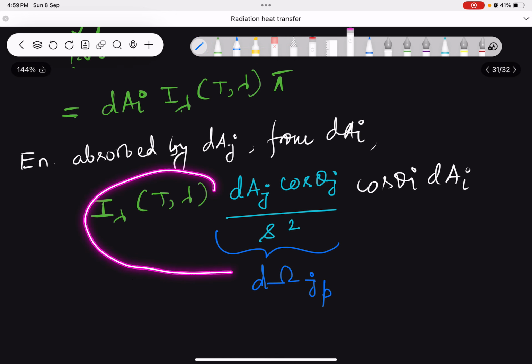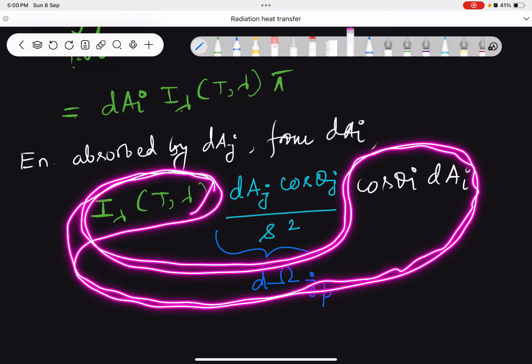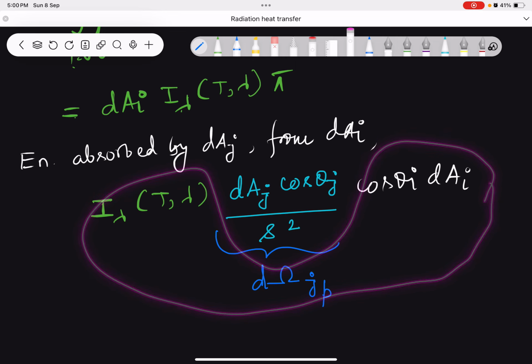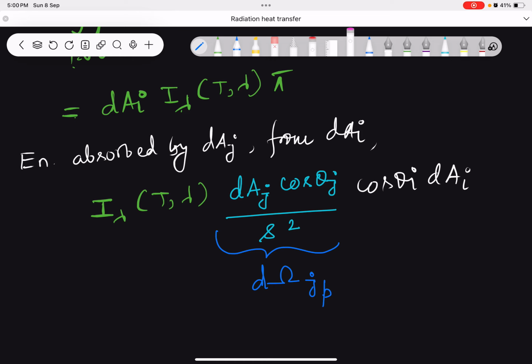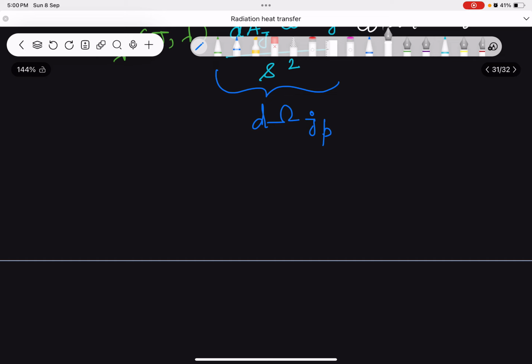So this much part is the energy emitted by dAi in the s direction. Now out of that energy, how much will be contained under the solid angle subtended by d omega j projected? For that we have to multiply this. Clear?